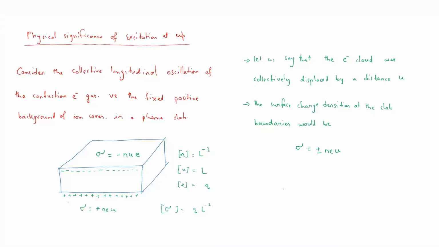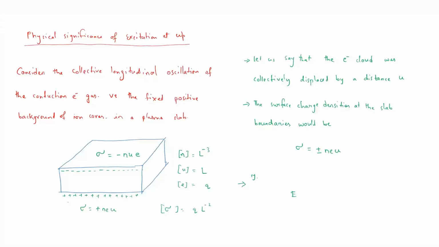Now what happens because of this surface charge at the boundaries is that this is like a capacitor, and the electric field inside of these plates would be homogeneous.